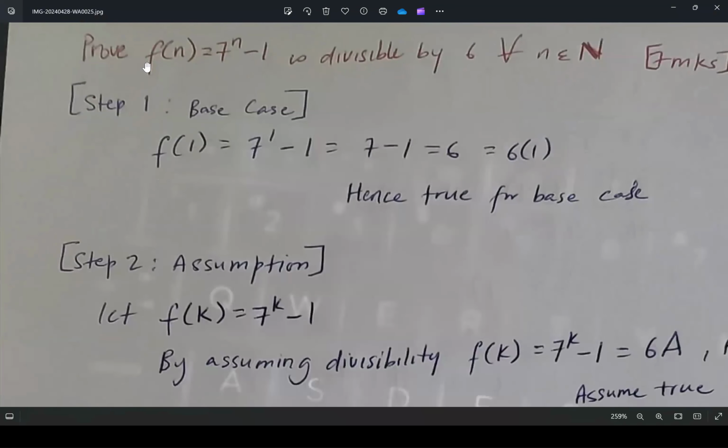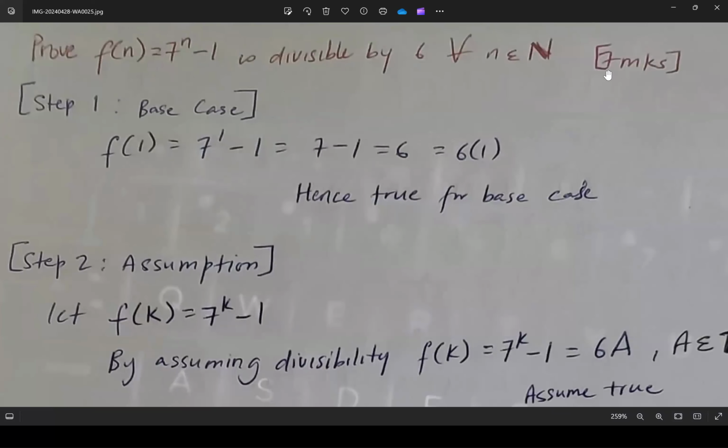They say, here's a function, prove that it's always divisible by some other number, right? And they give you 7 or 9 marks depending on the difficulty. For a question like this, it's 7 marks because it's really simple to just follow the steps. If it's 9 marks, you can expect a much more difficult question that will oftentimes have more indices rules.